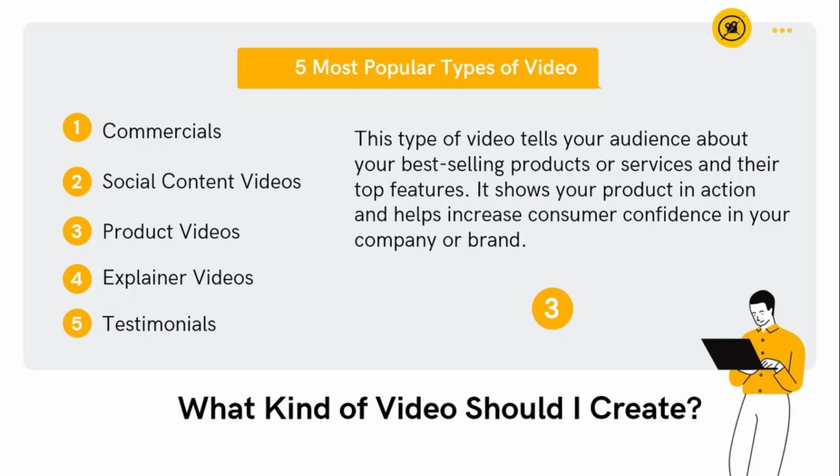So basically, a product video is a clip that explains the features of a particular product or service. It makes the audience understand what you have to offer them, right? And you can see it helps increase consumer confidence. When I know I'm getting the best services, definitely I'll be going for it. So let's look at an example of a product video.